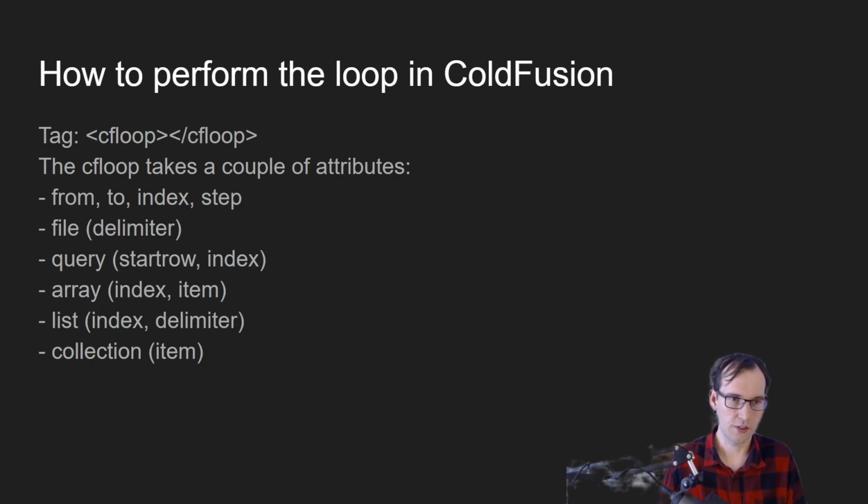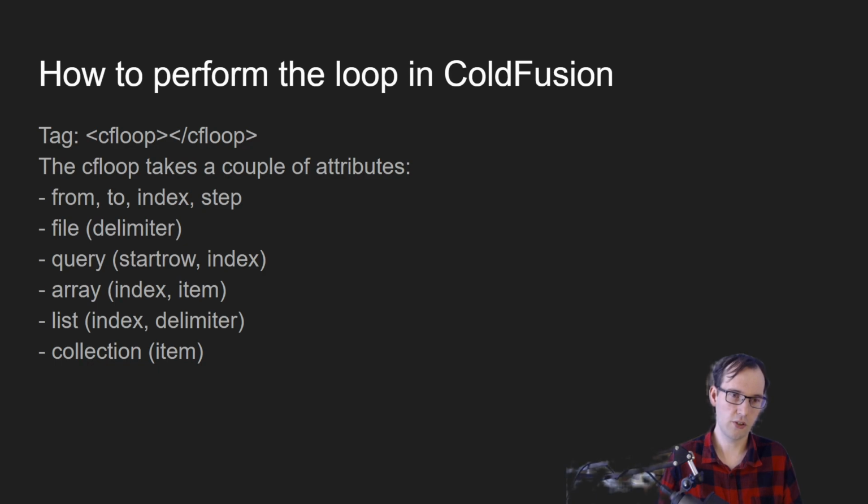And file uses a delimiter, usually because of the way you want to look into the file, whether it's hard returns, which is a character code, I think character 9 or 11, or, for example, a comma separated file would of course be a comma.